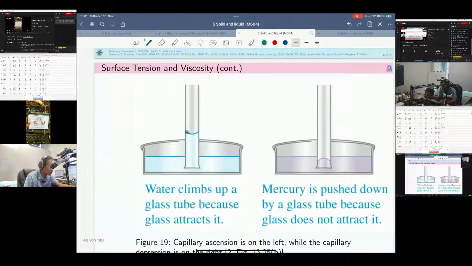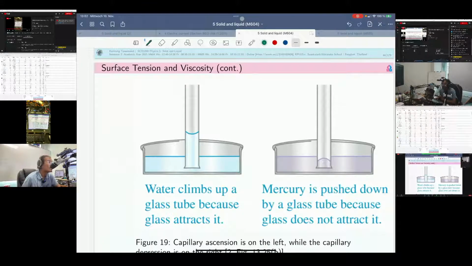So because the attractive force between water and glass is very strong, they try to bring the water inside the capillary tube up. But in this case, your tube should have a small radius. The tube should not be big. And that's the case for us.